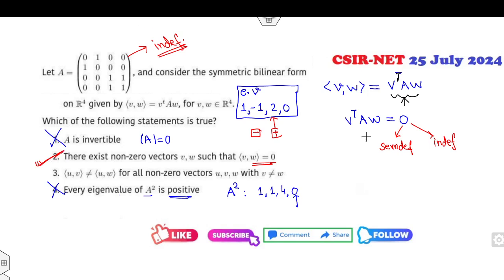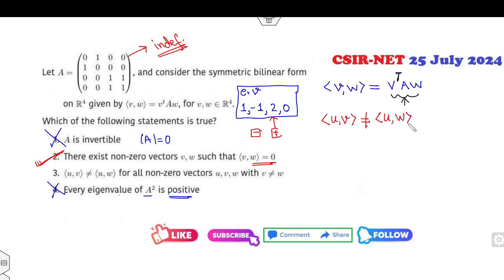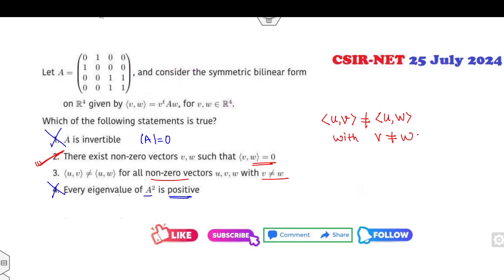Now look at the last option, that is the third option. Inner product u comma v is not equal to u comma w for all the non-zero vectors. Again very simple, because you can think about this statement. First of all, u is a fixed value. I can fix the value of u. The easiest way, I can pick the number as this one.